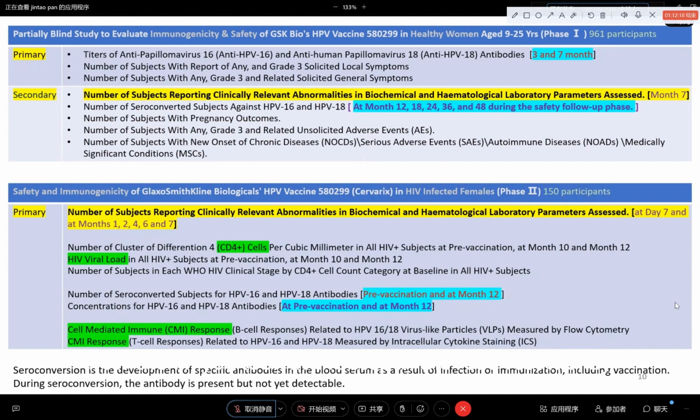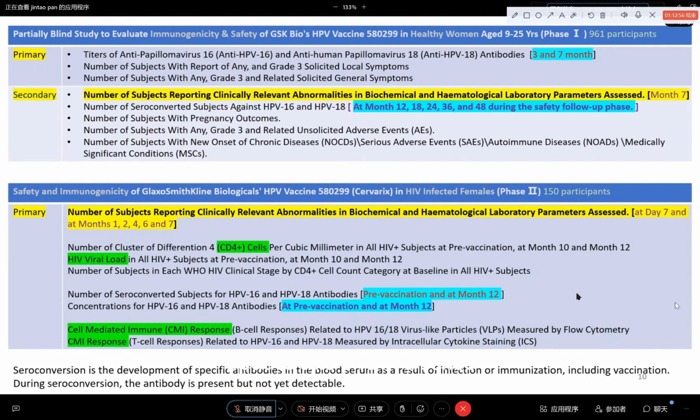Now, if you look at the secondary result, number of subjects reporting clinically relevant abnormalities in biochemical and hematological laboratory parameters being assessed. So this is not directly related to the things that you want to understand. So this is like a cascade of a cascade. And then if you look at the second part, number of seroconverted subjects against HPV 16, HPV 18 at months 12, 18, 24, 36, and 48 during the safety follow-up phase.